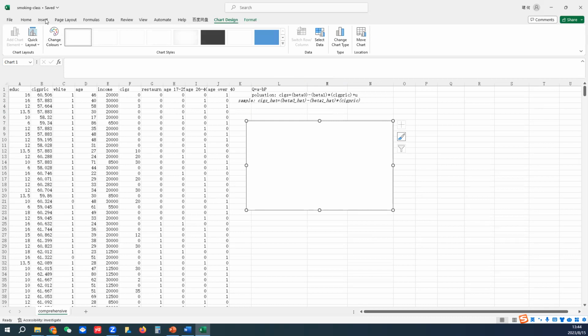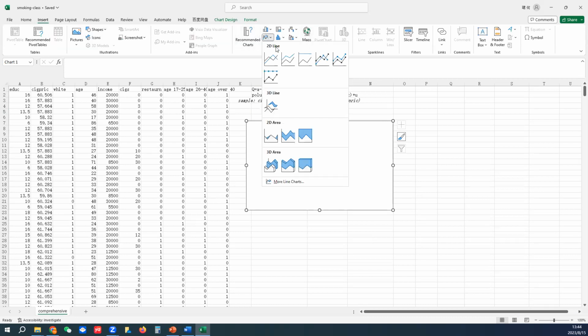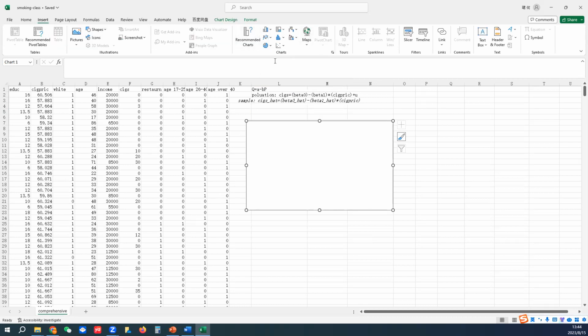Previously, I was pointing at the line, but now we're looking at those dots. Each dot is going to represent an individual observation. So we have this blank one. Now what we have to do is to select the data.